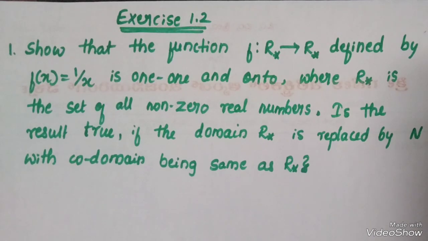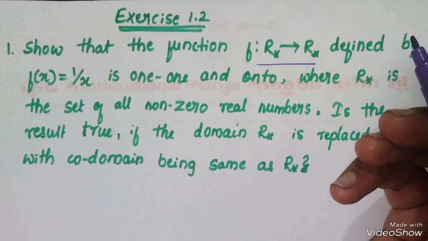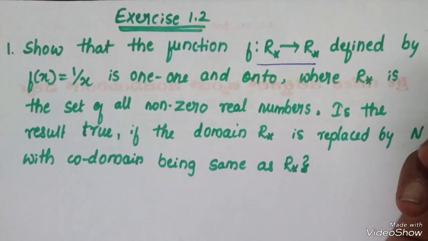Is the result true if the domain R star is replaced by the natural numbers N with the codomain being the same as R star? Here we first have to prove that f is a function from R star to R star.